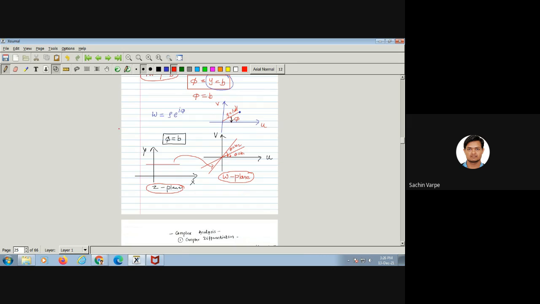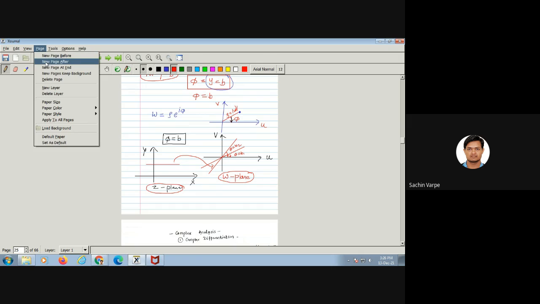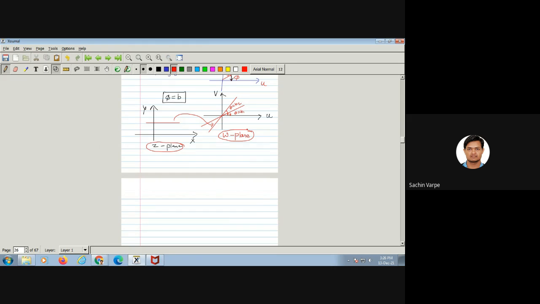That is the conclusion. So I can write here: all lines parallel to x axis map to lines passing through origin.